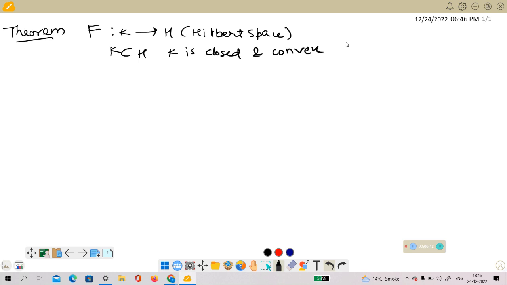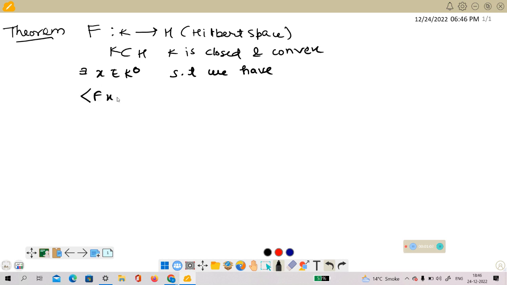Okay, K is closed and convex, and we have that there exists x belongs to K interior such that this inequality is satisfied. What is this inequality?